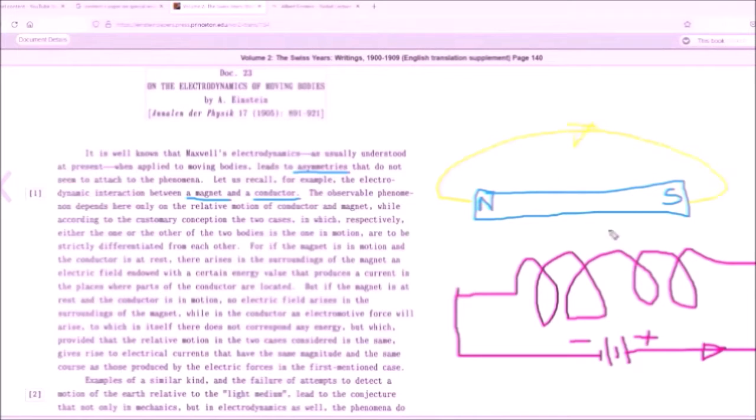Of course, the electric current will not flow until you close the circuit. And the magnetic field will not be felt unless you bring a detector to it. So that is simply the two bodies that Einstein is going to use to discuss the issue of the asymmetry in Maxwell's equations.